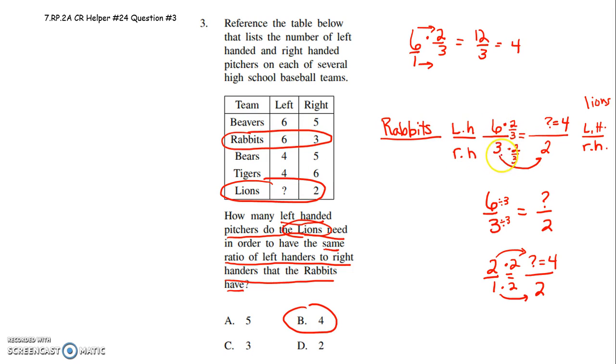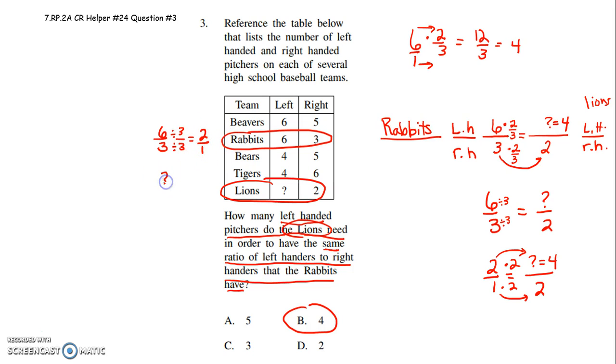But in simplest form, you have to have a ratio of 2 to 1. 6 to 3, 6 to 3 in simplest form. 6 divided by 3 is 2. 3 divided by 3 is 1. So in simplest form, you have to have 2 to 1.